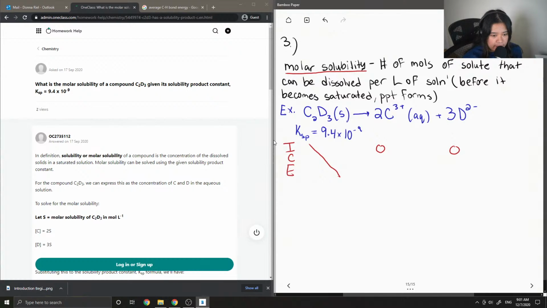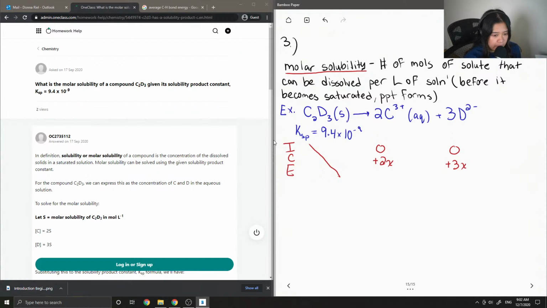And then the change will be plus 2x, and for D, it is plus 3x. So it depends on the coefficient in front of your ions in the balanced chemical reaction.